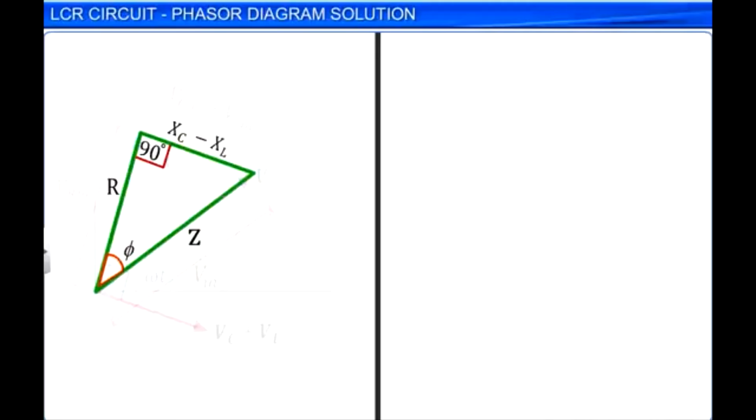In the impedance diagram, the hypotenuse gives the impedance Z. Here, we observe that tan phi is equal to (Xc minus XL) by R. Let this be equation 5. Phase difference phi is equal to tan inverse of (Xc minus XL) by R.